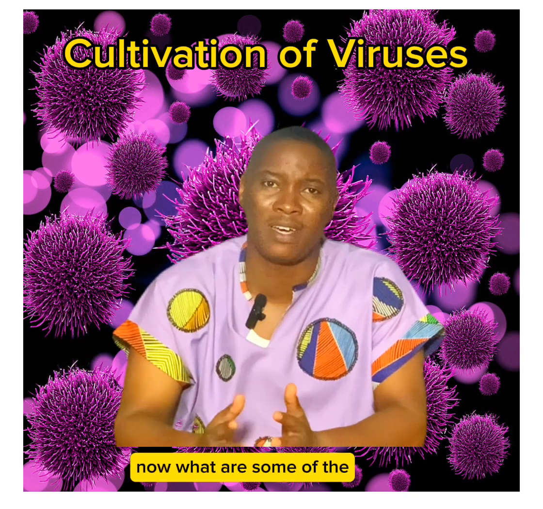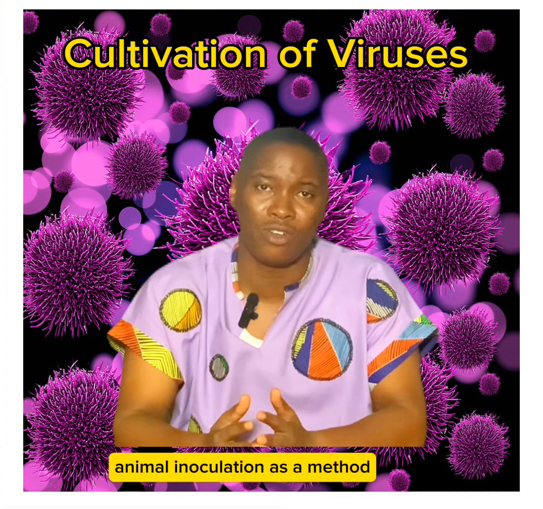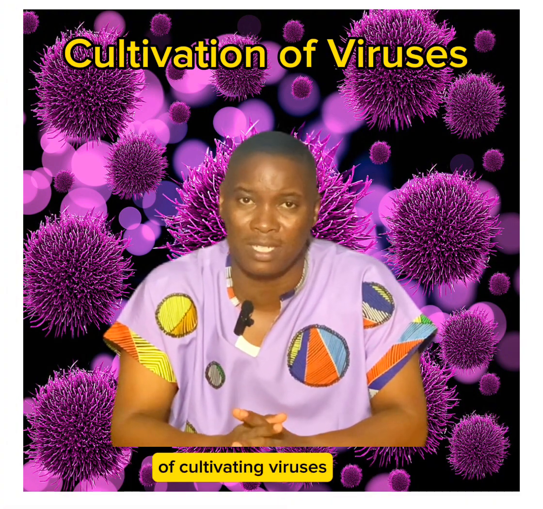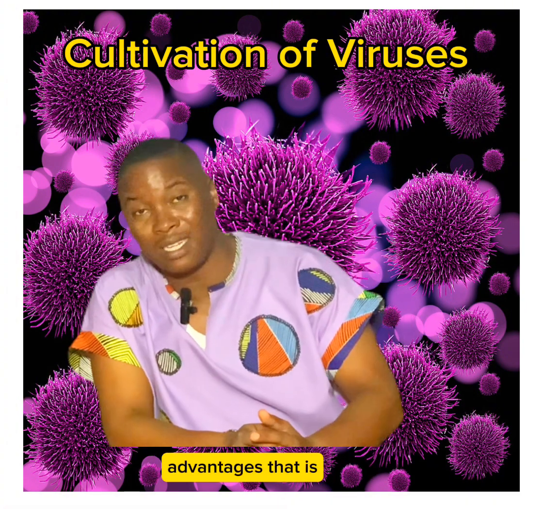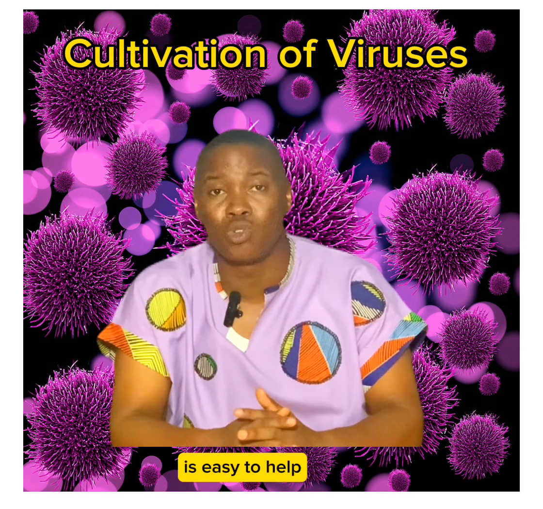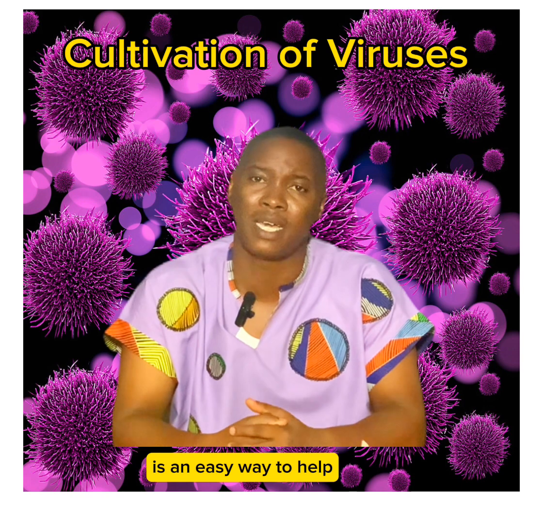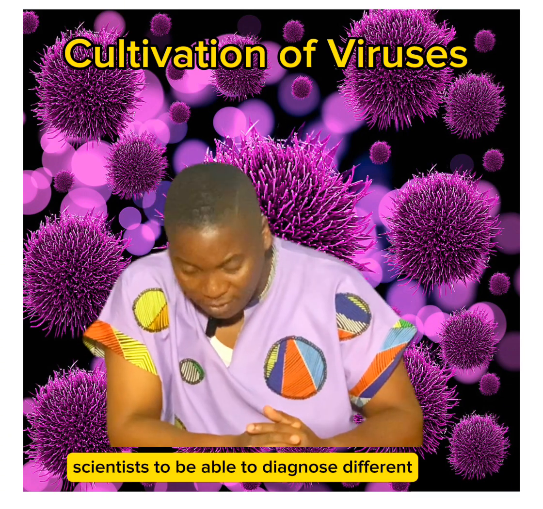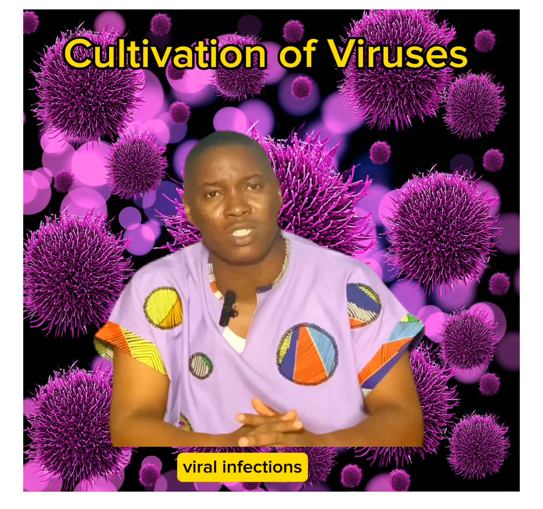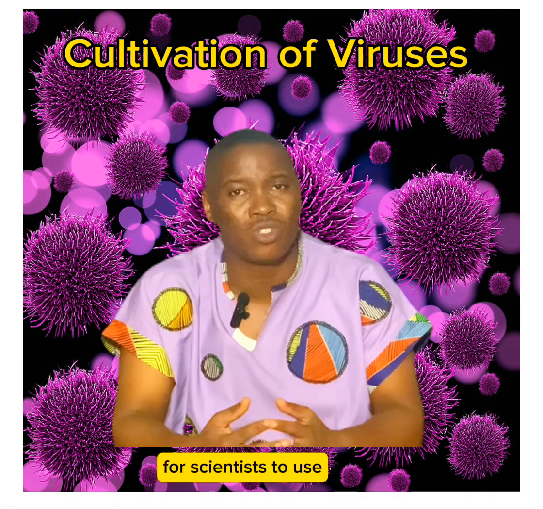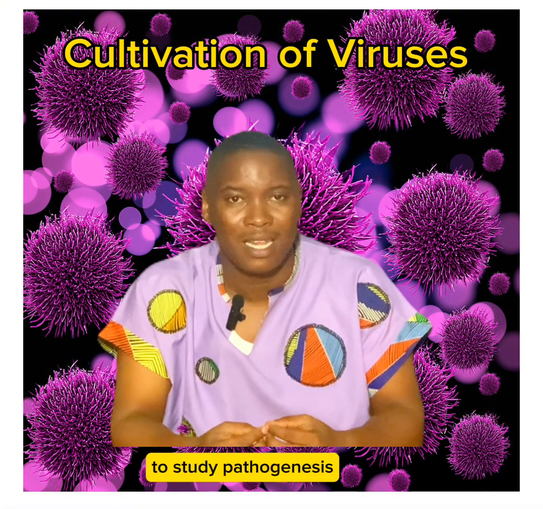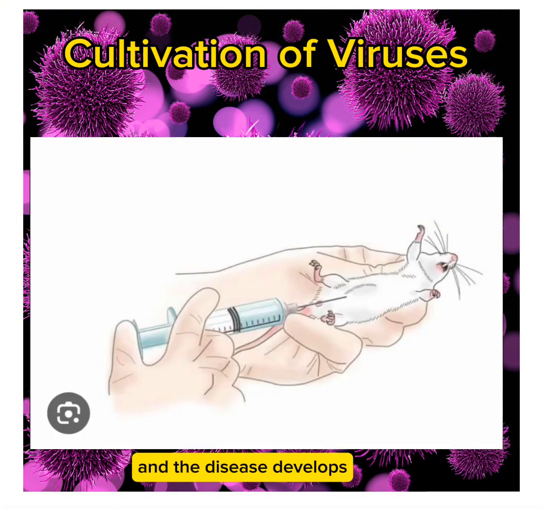Now, what are some of the advantages of using animal inoculation as a method of cultivating viruses? Some of the advantages are that it's an easy way that helps scientists to diagnose different viral infections. It's an easy way for scientists to study pathogenesis, that's the way a disease develops.